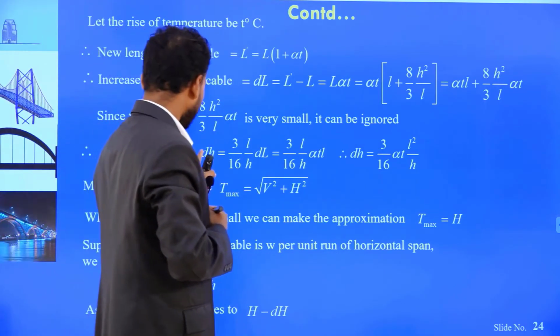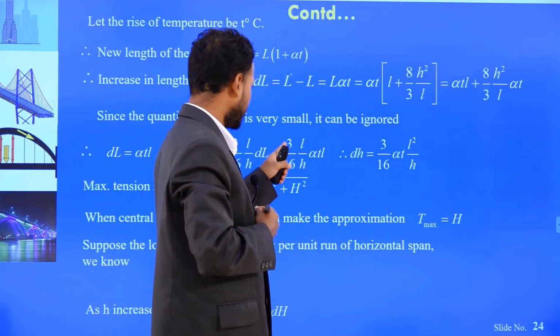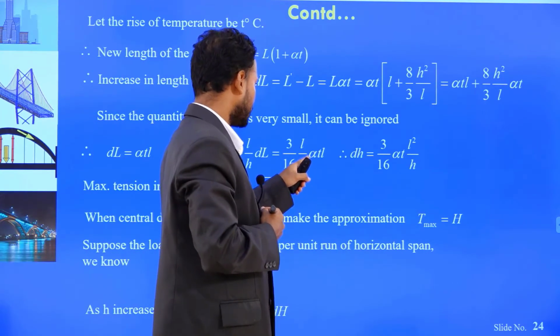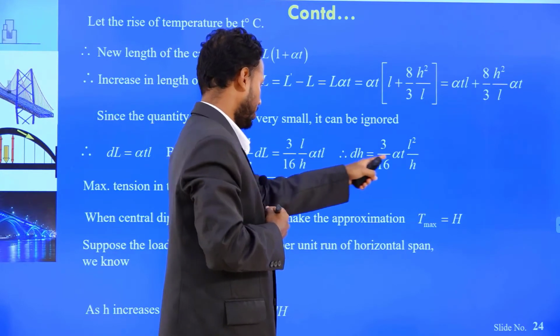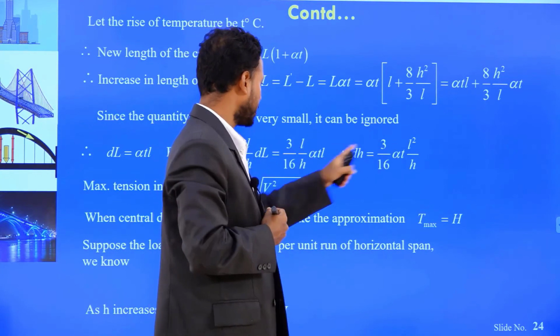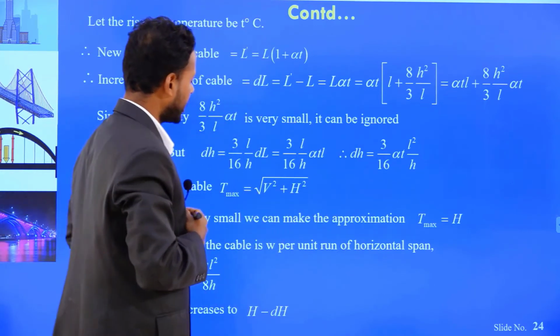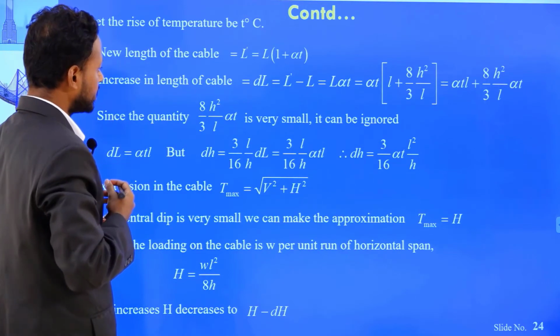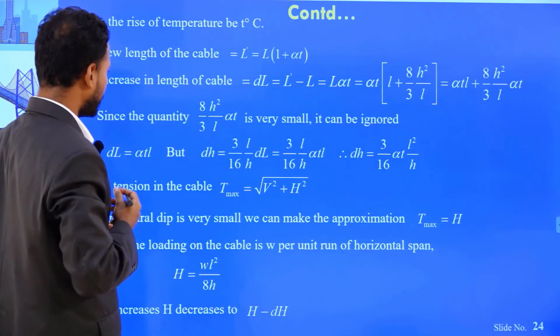So dH equals 3 by 16 l alpha T; I will write only alpha T, and multiplying l into l gives l square divided by H. So I get dH equals 3 by 16 alpha T l square by H.